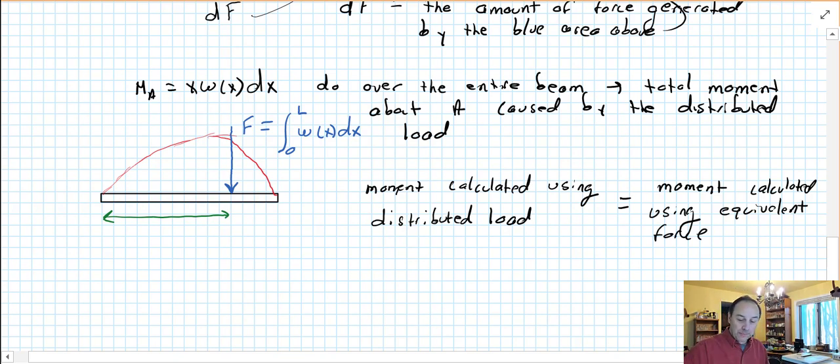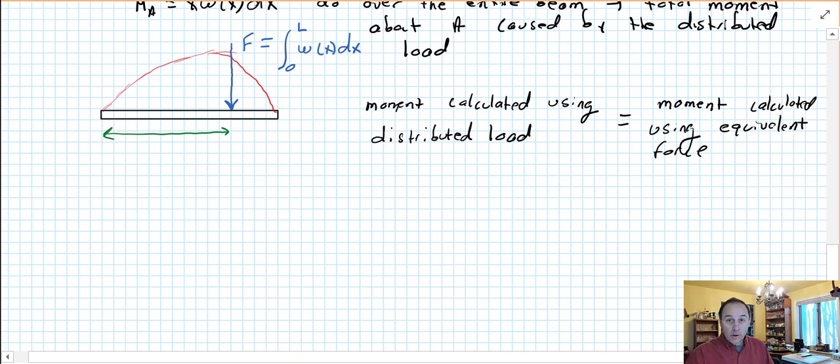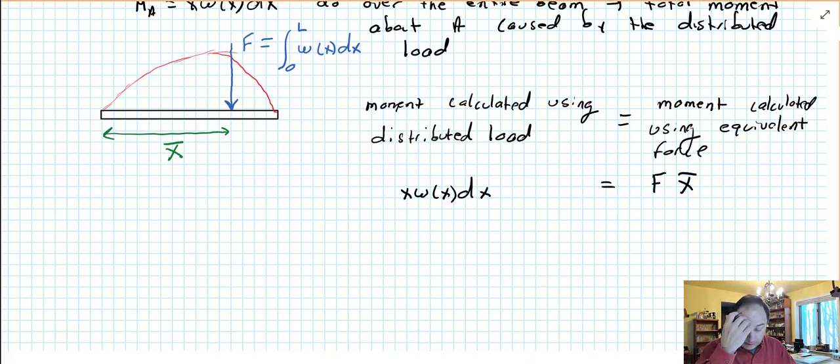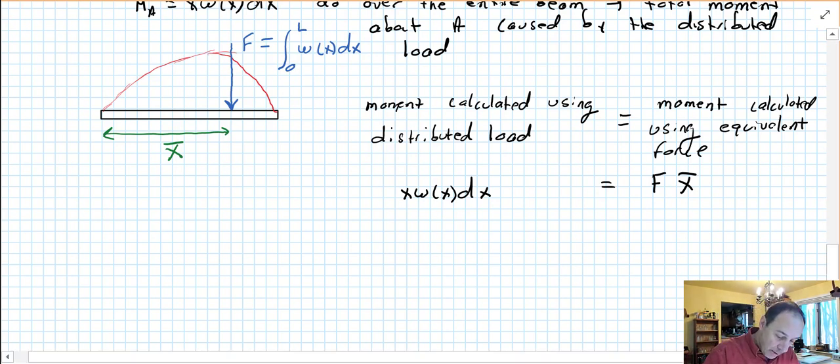Okay, that's got to be true. So that means the moment calculated using distributed load, x, w of x dx, must equal the force times a distance, right? With that x bar being the distance at which an equivalent force would act, the distance from that point A.